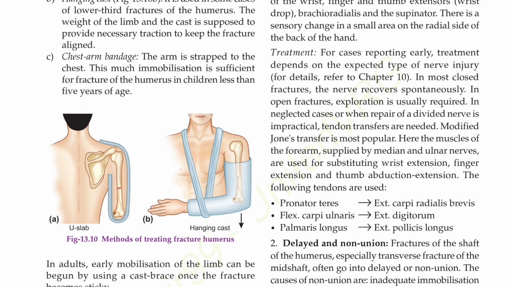For cases reporting early, treatment depends on the expected type of nerve injury. In most closed fractures, the nerve recovers spontaneously. In open fractures, exploration is usually required. In neglected cases, when repair of a divided nerve is impractical, tendon transfers are needed.